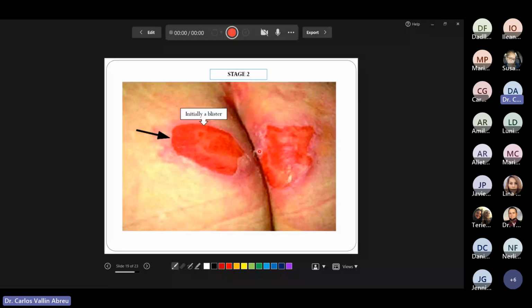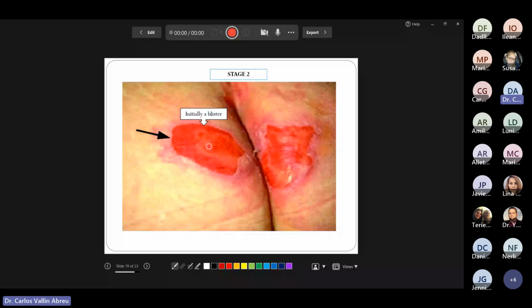This little skin that you see here probably is the roof of the blister that was covering this stage 2 pressure ulcer. These stage 2 pressure ulcers are very dry, no moisture, yes? And you need to learn that when skin lesions are dry, they don't heal.